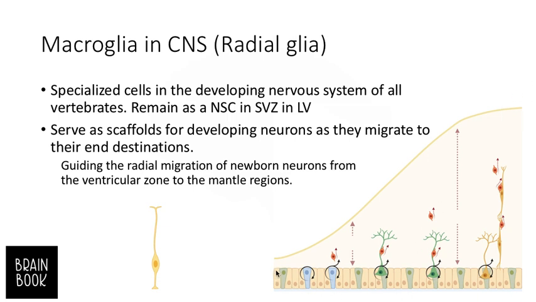Here is the subventricular zone, and by means of radial cells, these newborn neurons could migrate to the mantle region, which is part of neurogenesis. And as you may know, we have adult neurogenesis, and it's a part of the neurogenesis process. Okay.